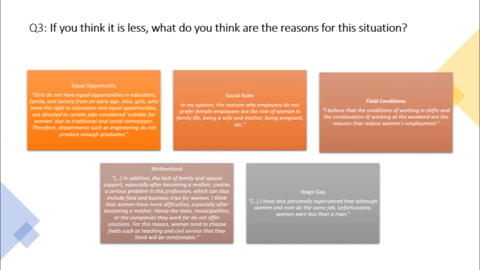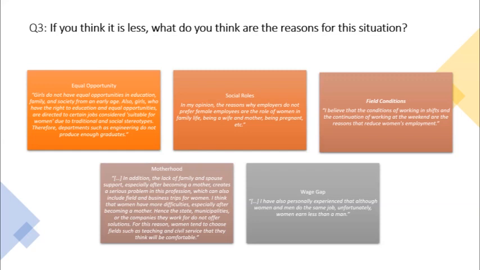Our family and our society have expectations about our jobs, and suggest certain jobs considered suitable for women due to traditional and social stereotypes. That's why some of these engineers believe that engineering departments do not produce enough graduates.